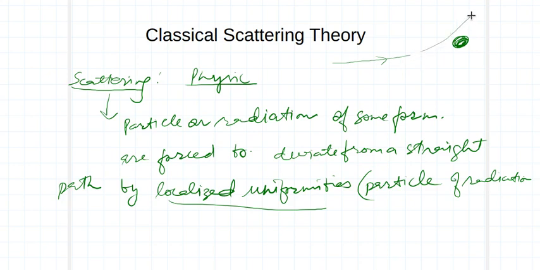So this may be a particle or a radiation or anything else, and when it comes closer to this, it will deviate from its straight line path, right? So such a thing is known as scattering, right? Uniformities in the medium through which they pass.